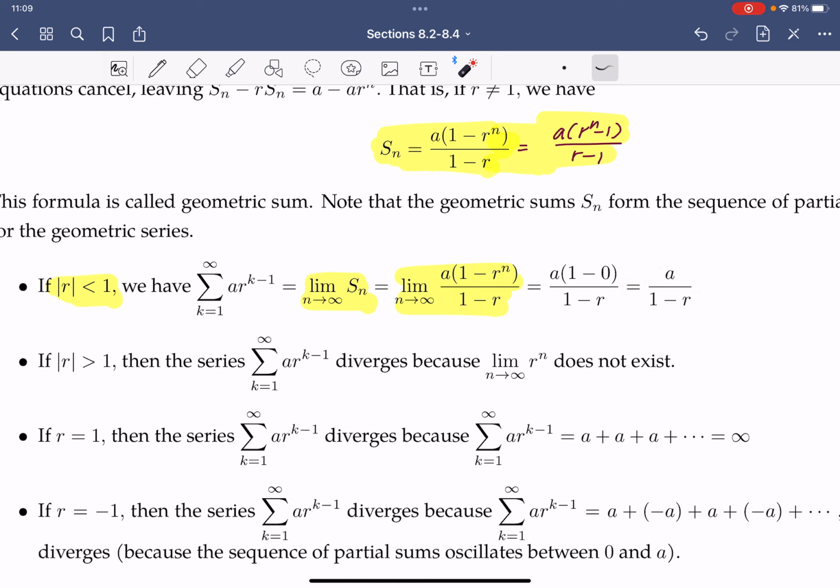So when you have the geometric series, if your absolute r is less than 1, this series is going to be convergent and its limit will be a over 1 minus r.